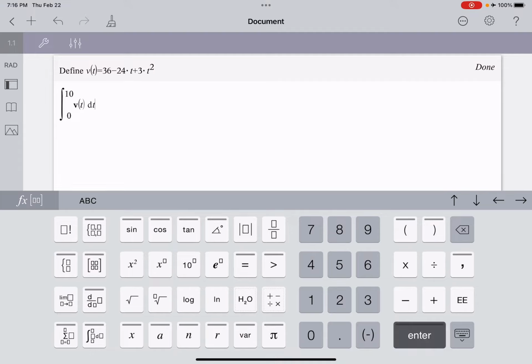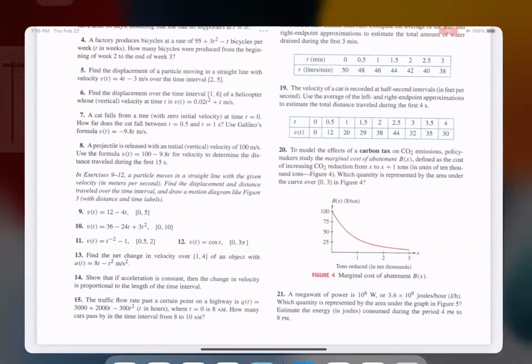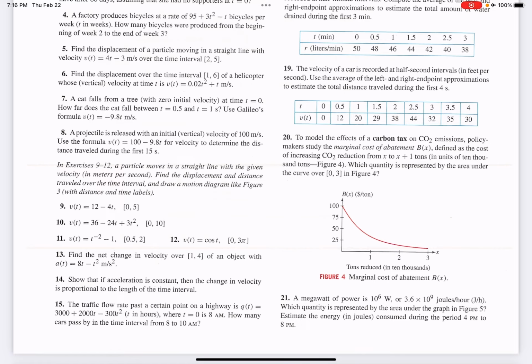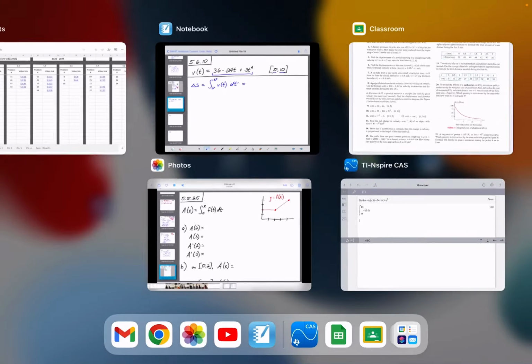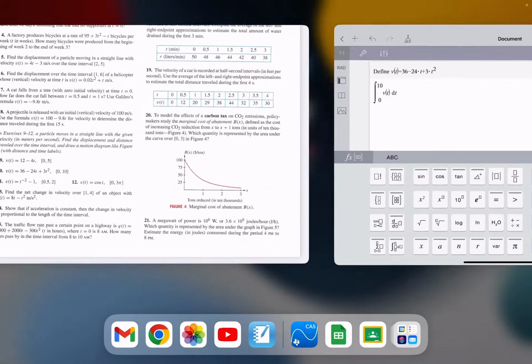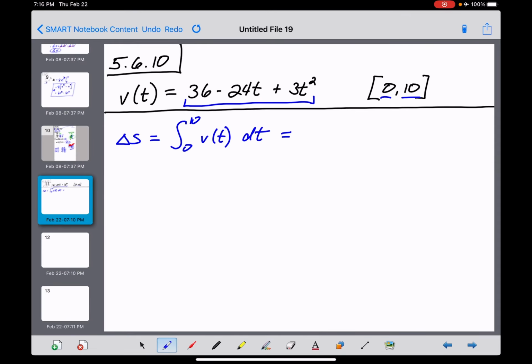That's really all we have to type in, and we end up with an answer of 160. I can't remember exactly what the units were on this problem, meters and seconds. So 160 meters is going to be our answer to this first question of the displacement of the object.